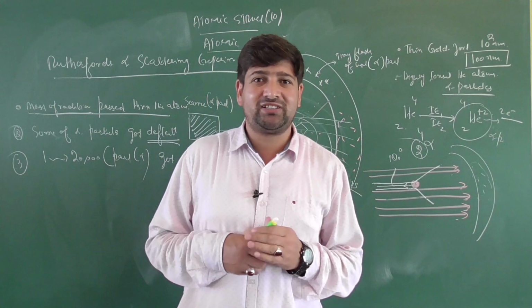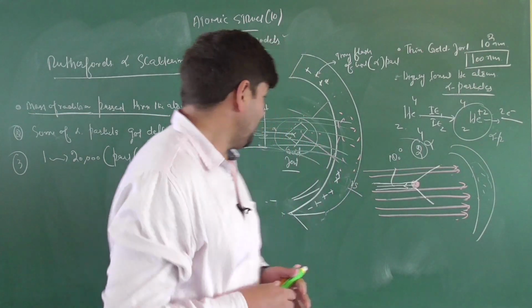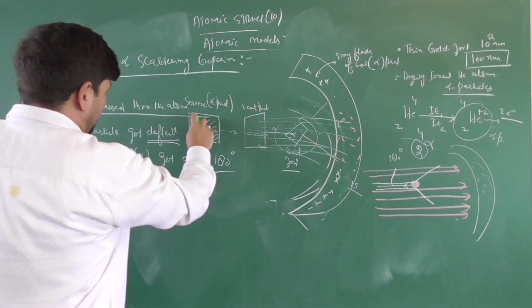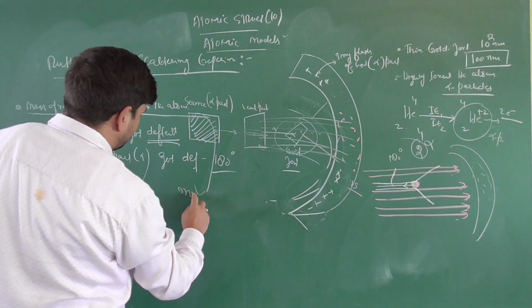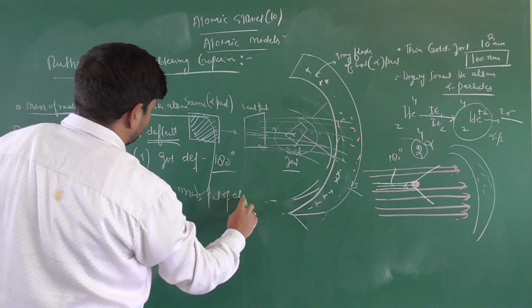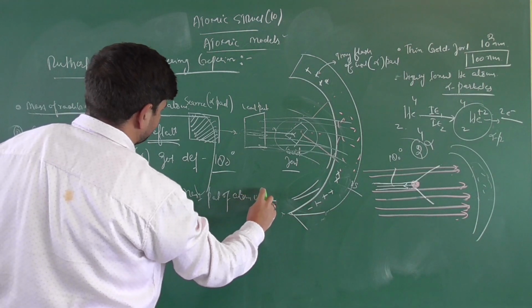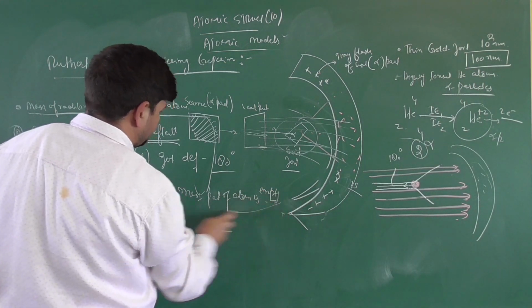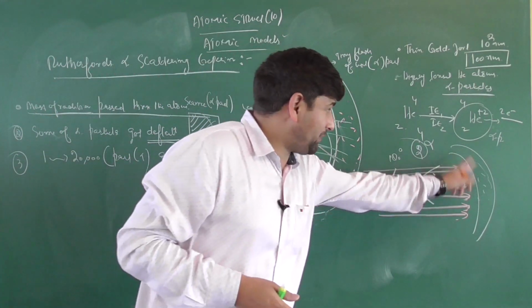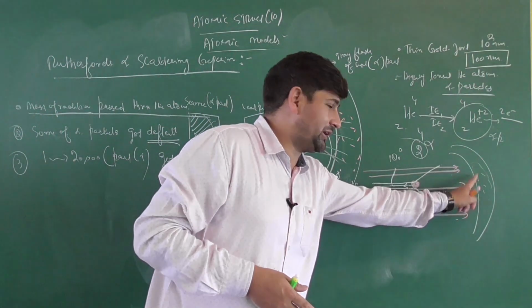So the three observations that he deduced out were, what? Most of the particles passed through, indicating that what? Most part of atom is empty. Because maximum radiations are passing through, illumination is occurring on the back of photographic film.